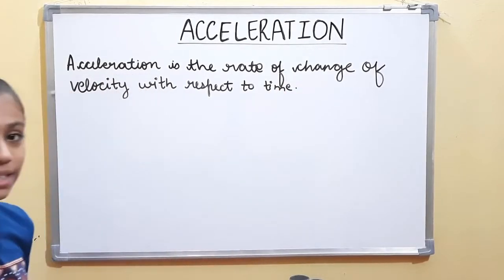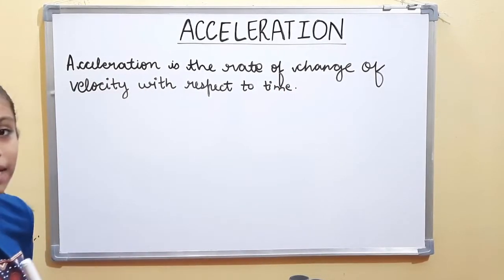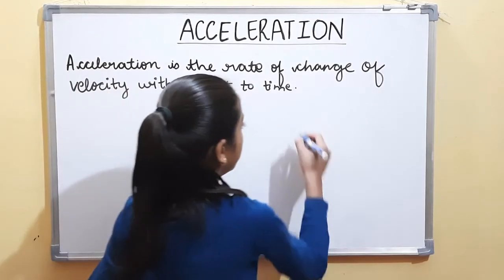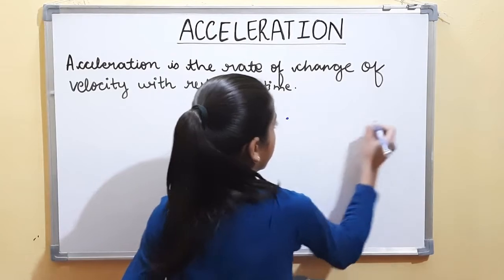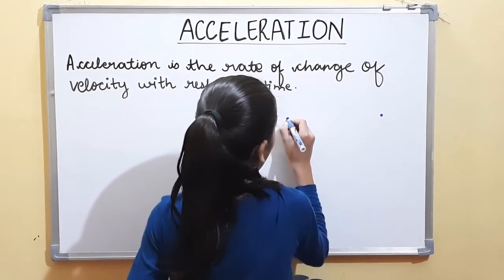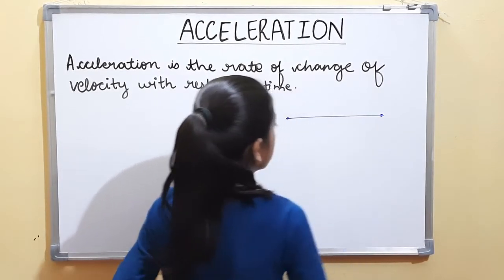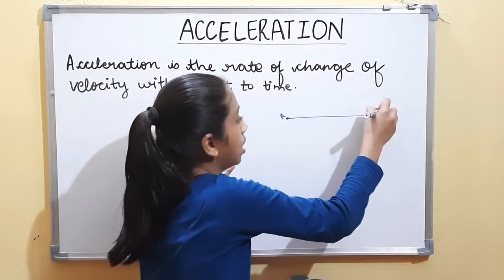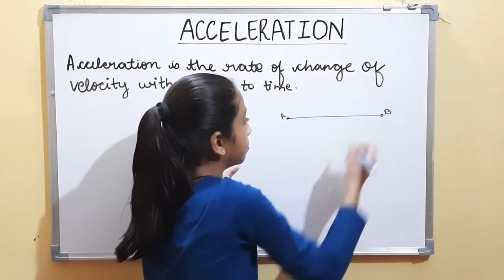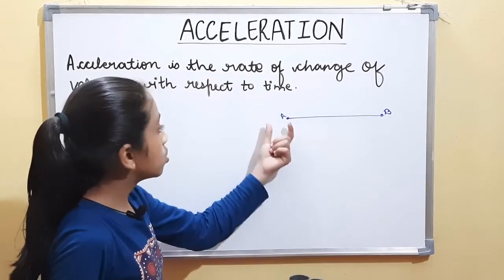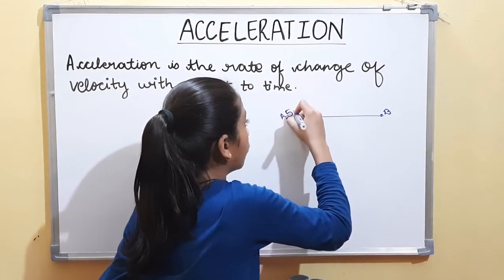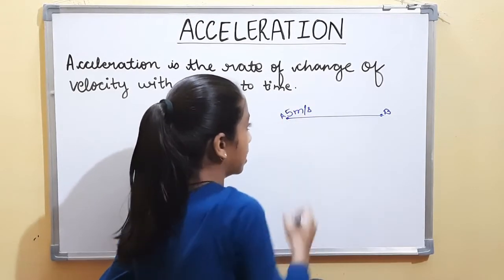Okay, so let's understand this with an example. Let's take an example. I have traveled this much distance in my car. Let's take this as point A and point B. So at point A, my velocity was 5 meter per second.